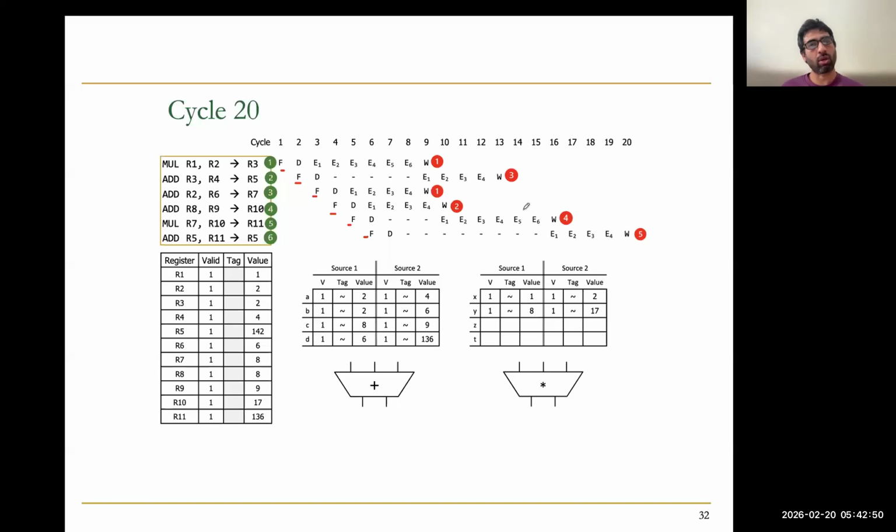This property is not satisfied by this simulation. Why? Because here you can see that instruction 1 and instruction 3 commit at the same time, in cycle number 9, and then in cycle number 11 instruction 4 is committed, and then in cycle number 13 instruction 2 is committed, and then in cycle number 16 instruction 5 is committing, and then in cycle number 20 the last instruction is committing.